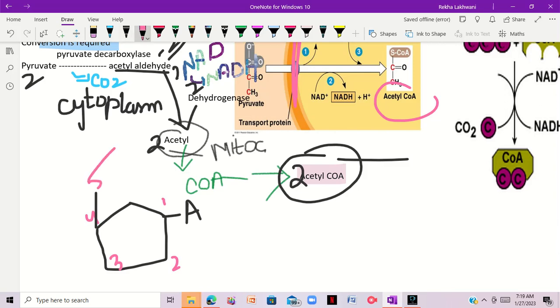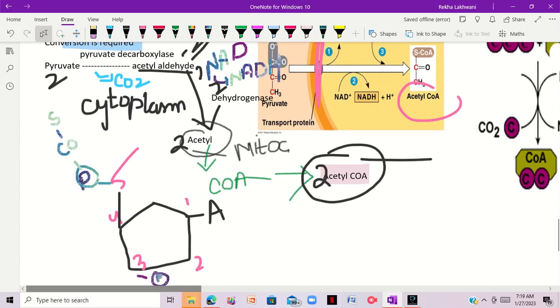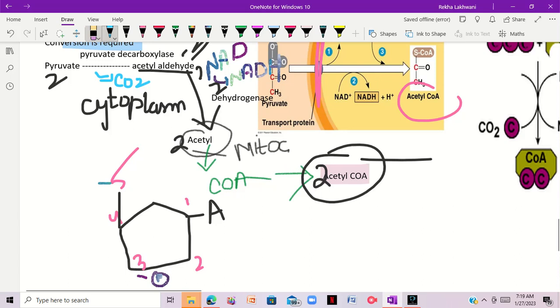One phosphate is attached to carbon number 3, and one phosphate is attached to carbon number 5. I know I haven't drawn it in the correct way, but it's something like this. I can make it in a straight manner. On carbon number 5, a phosphate is attached.